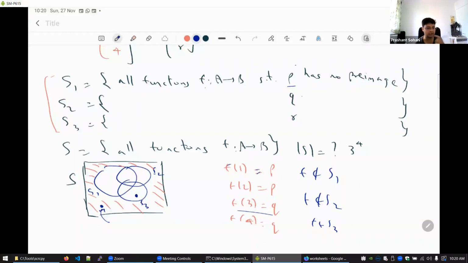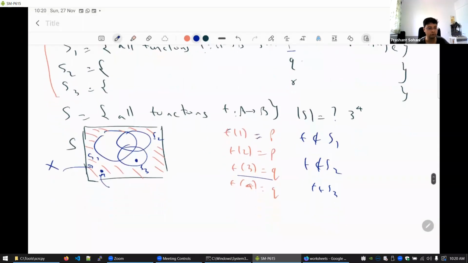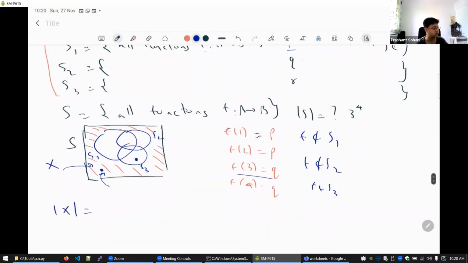As I said, we can use the inclusion-exclusion principle to do that. If I denote this region by some variable X, I want to count mod of X. If I write out the whole expression, it will be the universal set minus, first we subtract all the single element sets, S1, S2, S3.